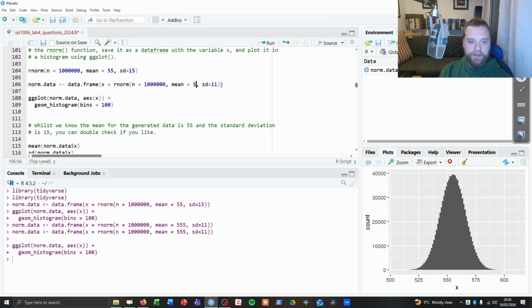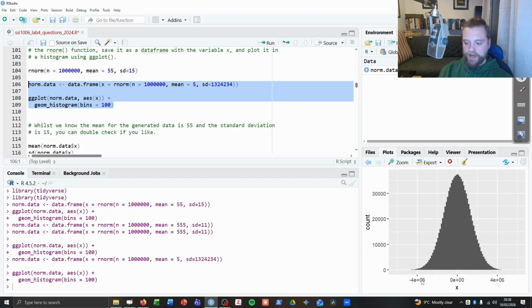We can have as low a mean as we like, as high a standard deviation as we like. This doesn't change. The only thing that's going to change here is the x-axis. So normal distributions then, like all distributions, have a standard shape. And any different kind of numbers can go into those, but the shape won't change. And this is a really important property. And we're going to be exploring that this week and in some subsequent weeks as well.